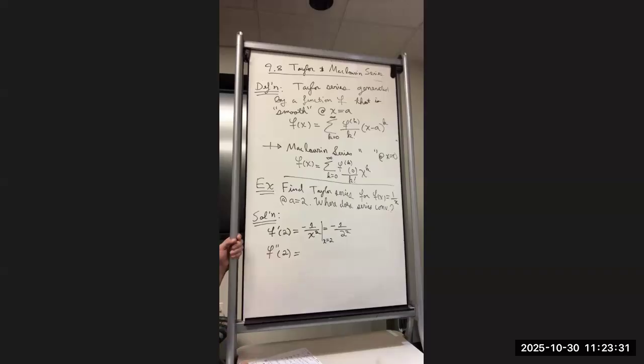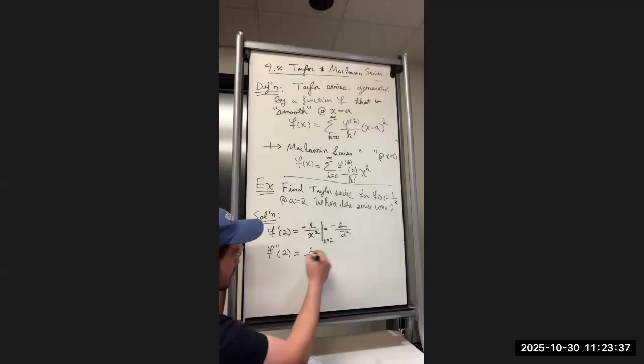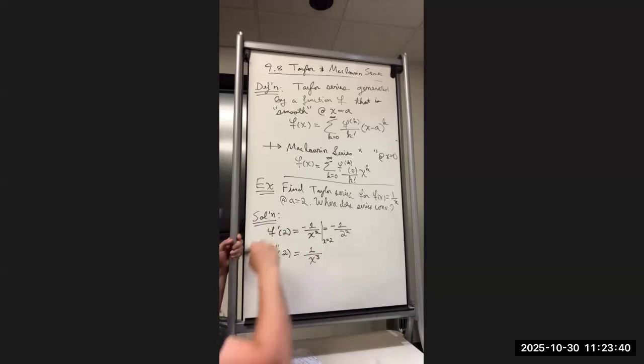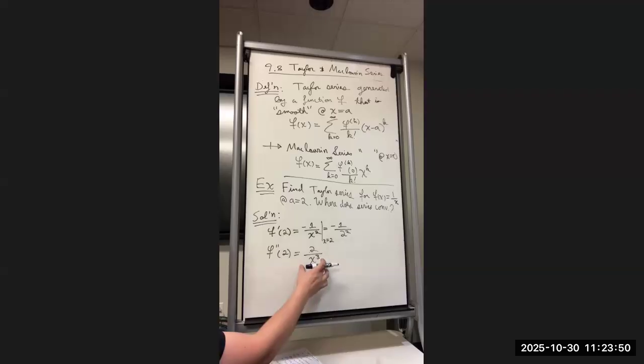Okay, so we'll take the second derivative, and that one's going to be positive 2 over x cubed. We can write it as x to the negative 2, take the derivative, bring down the negative 2, it kills the negative that was already there, becomes positive, and then we subtract 1 from negative 2, which gives us negative 3.